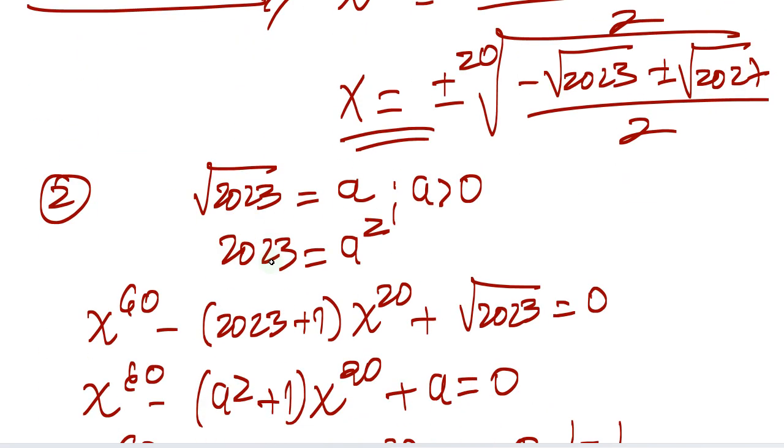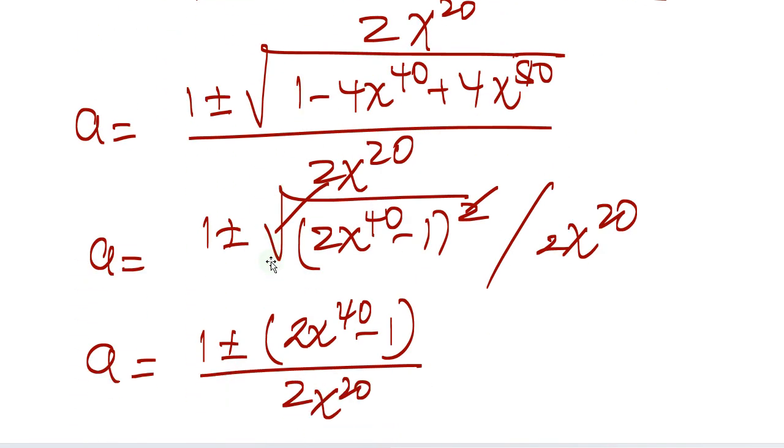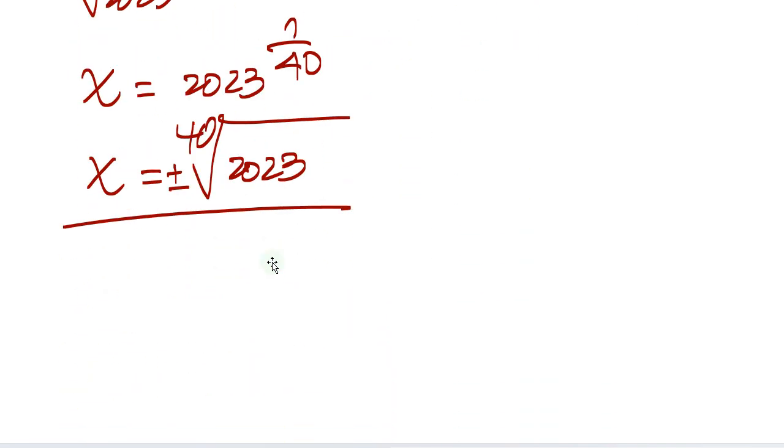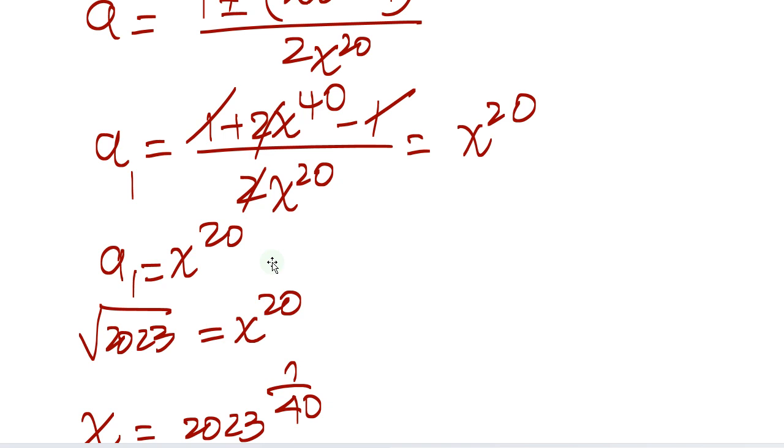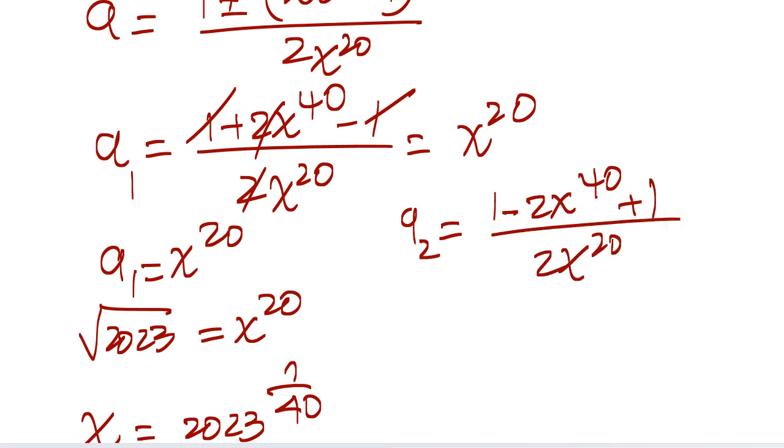And yeah, so let's solve the second part, which is a2, right? So a2 here would be equal to 1 minus 2x to the 40, and then plus 1, divided by 2x to the 20.